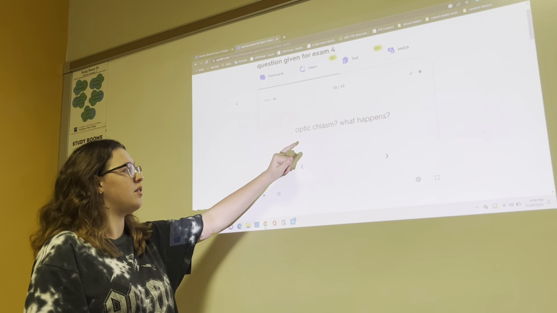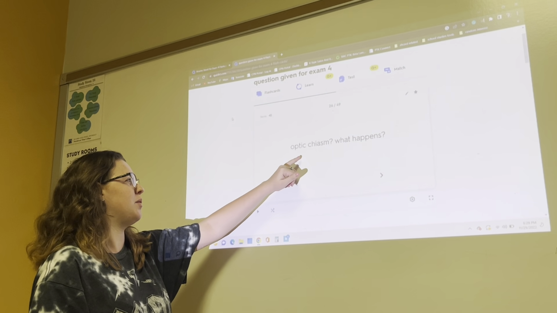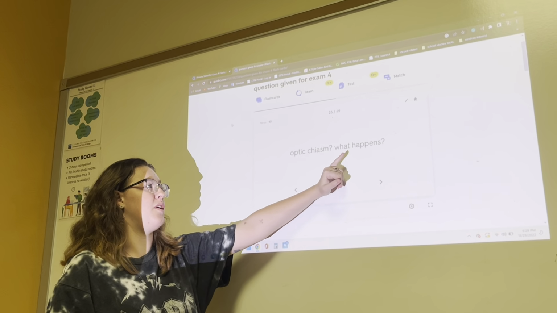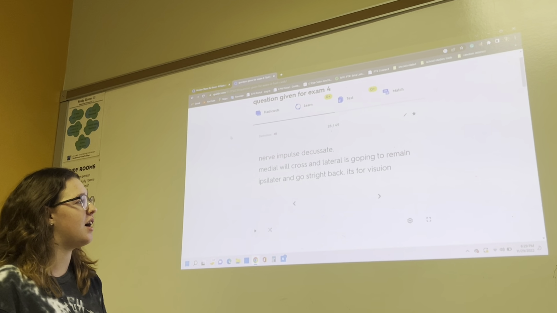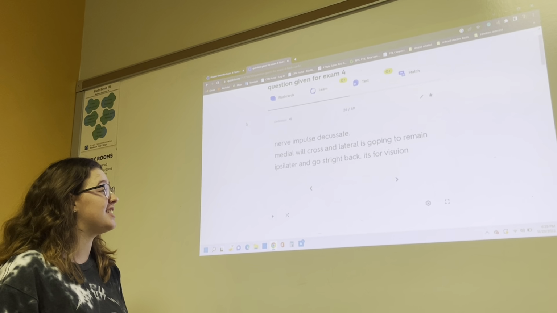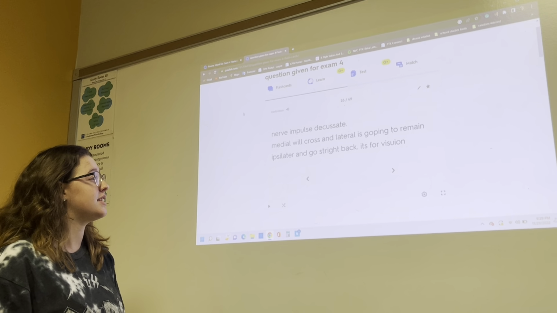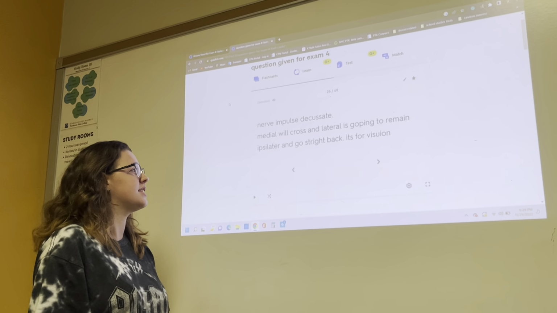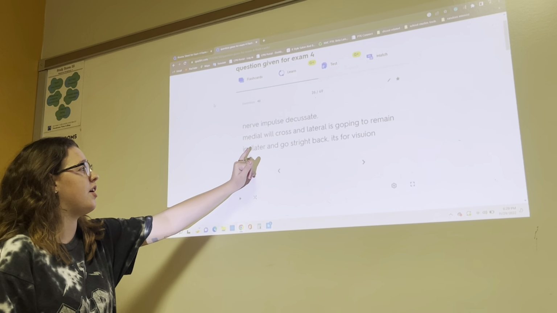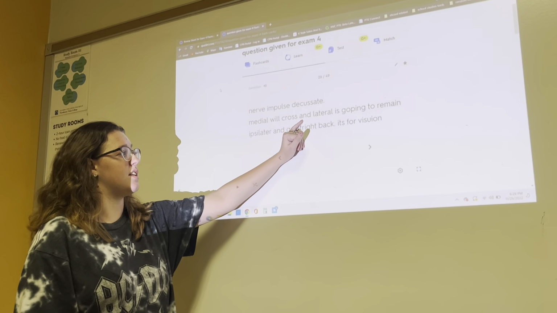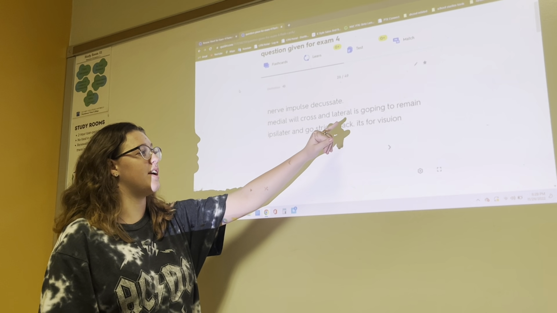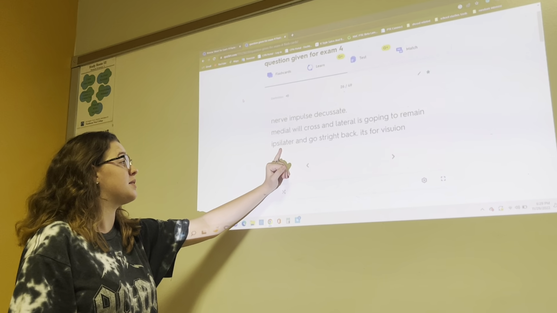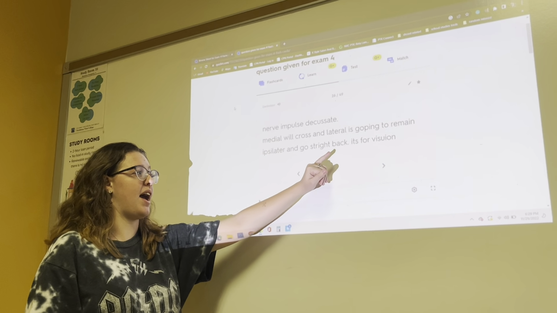Alright, what is the optic chiasm, and what happens? So it's a nerve impulse, decussate? It decussates nerve impulses. The medial will cross, and the lateral is going to remain ipsilateral, and go straight back.